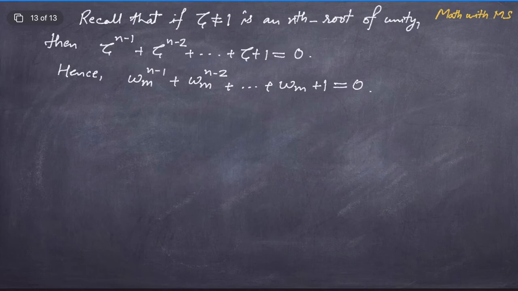So let us write down a part of the character table of the dihedral group D2n corresponding to the representation psi m.